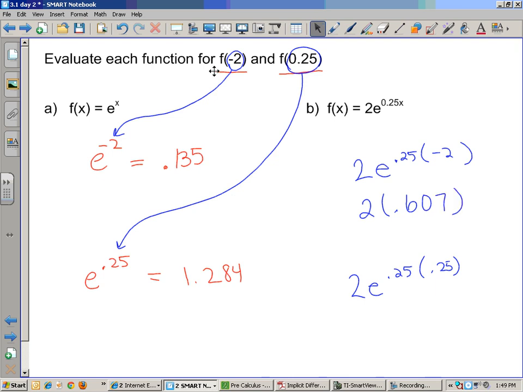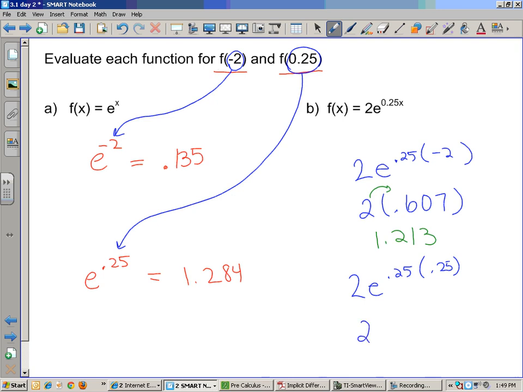So I get 0.607, I round it up. Now I'm going to take that and multiply that by 2 on my calculator, and I get 1.213. Okay, so once you hit the e to the power, that's where you're going to get your number. So we're going to do it again, and we're going to say second natural log 0.25 times 0.25.